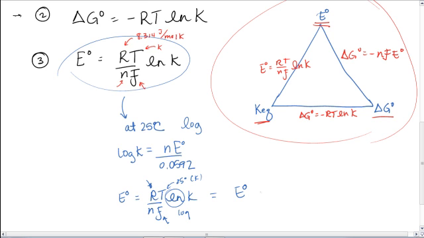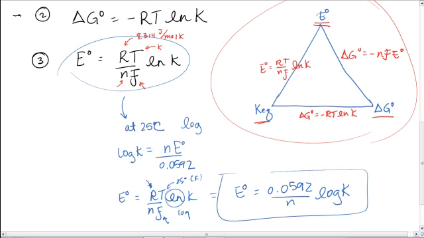So it ends up being E naught is equal to 0.0592 over n log base 10 K. So this is an equation if you have the equilibrium constant and you want E naught and you're at 25 degrees Celsius, you could use this equation. Check your useless information sheet, you guys. Make sure that what you need is on there, because some are on there, most are on there, but you should kind of become familiar.